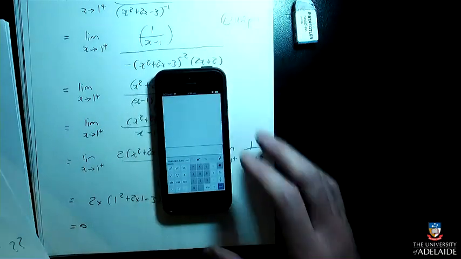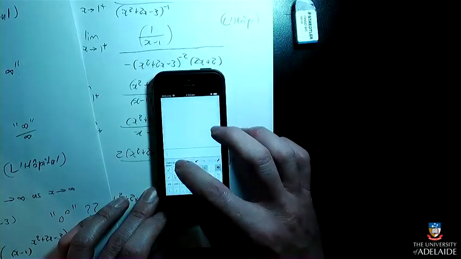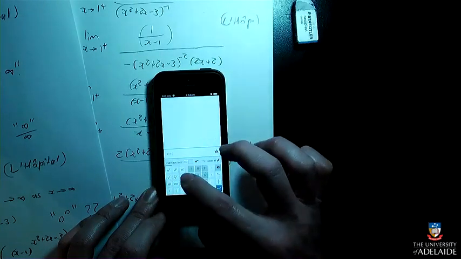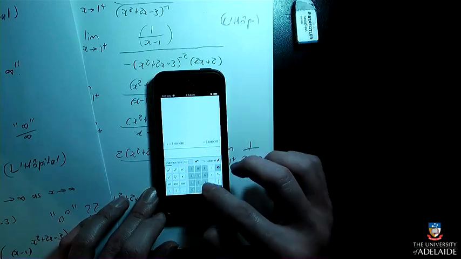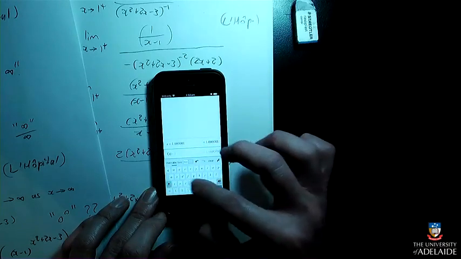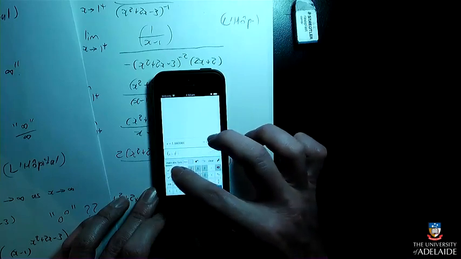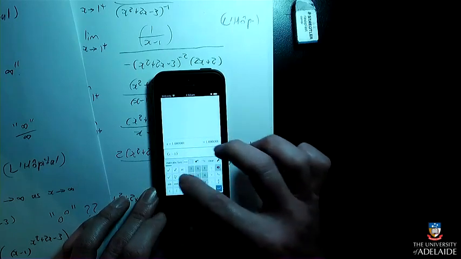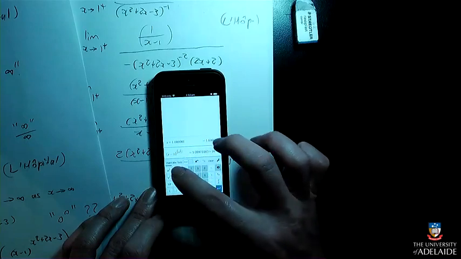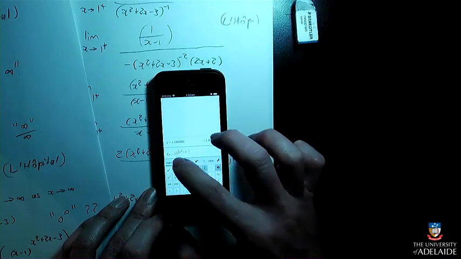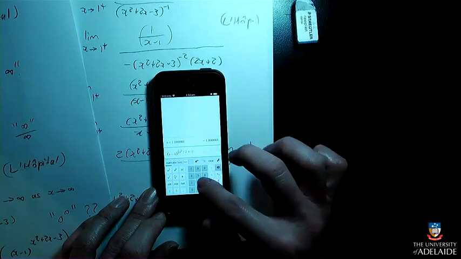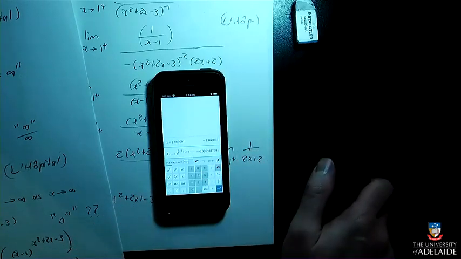So I'm just going to get my calculator and go x equals like 1.0001 and then go x minus 1 to the power of x squared plus 2 times x minus 3. Yep. Oh, I'm getting 1. Have I done something wrong somewhere?